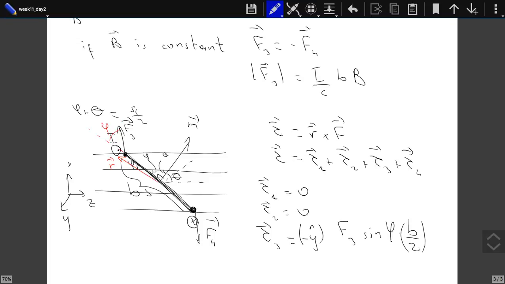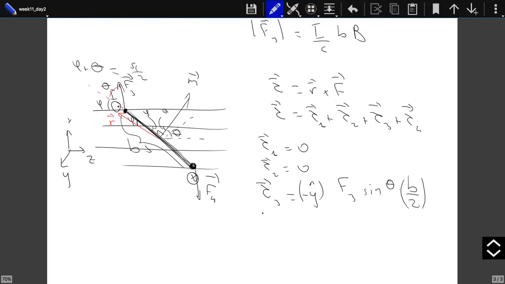Or theta? Well, let's see. This is my phi. So this is theta, so sine theta. This is my torque due to F3.